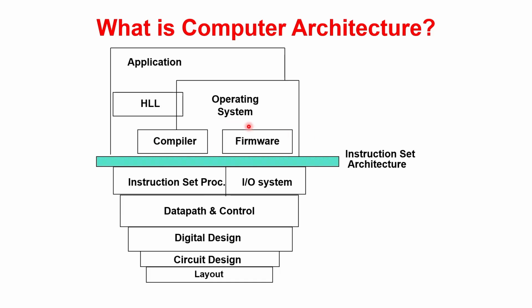Next we have the instruction set architecture. Right below the software side, there is the instruction set architecture. This is the critical interface we discussed earlier.